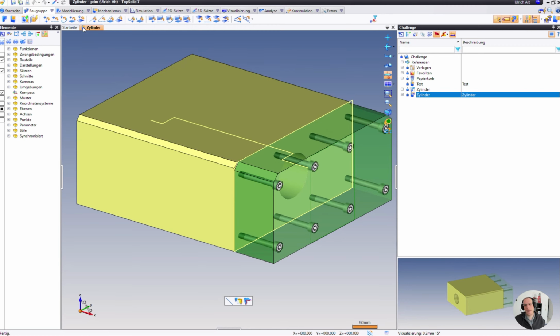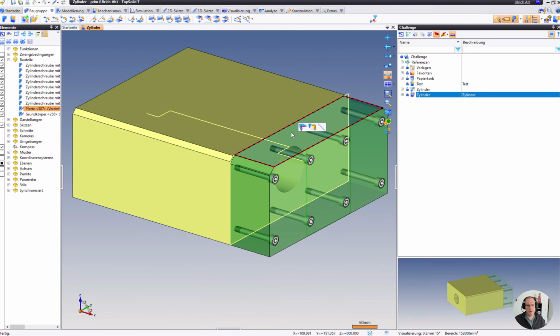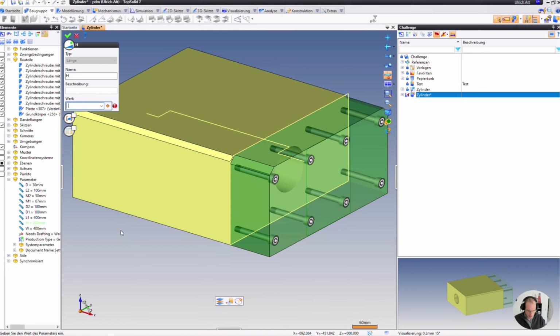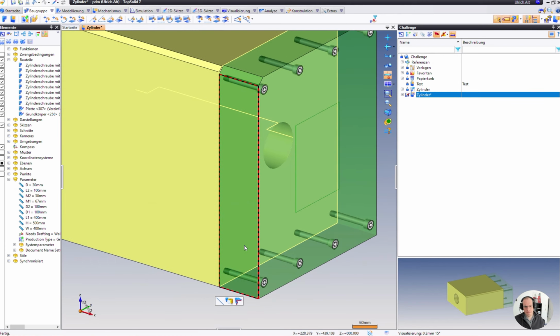So we have an assembly here that is made up of 2 parts with screws. Those parts are driven by parameters. So there is height and width. So let's say the height becomes 500.